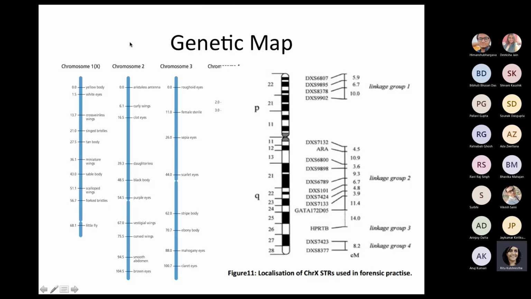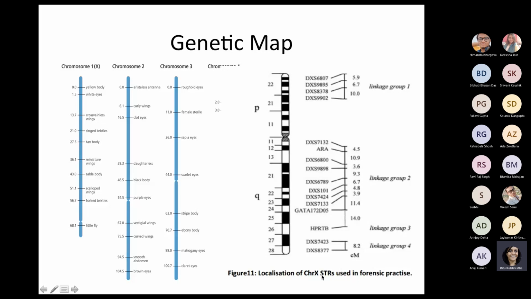So, are these genetic maps only limited to the names of the genes that we know? No, there are other maps also that have been generated. There are certain STR maps. So, what are STR maps? They are short tandem repeats. So just as genes have been localized on chromosomes, similarly various tandem repeats are there.